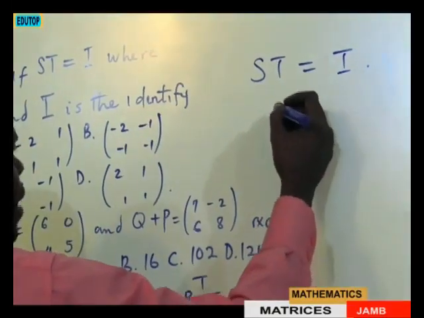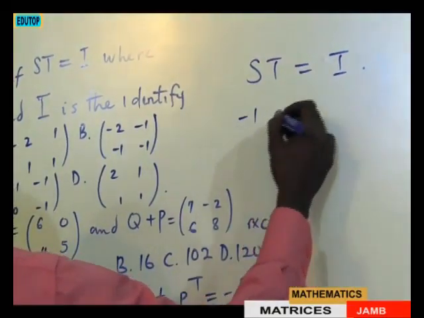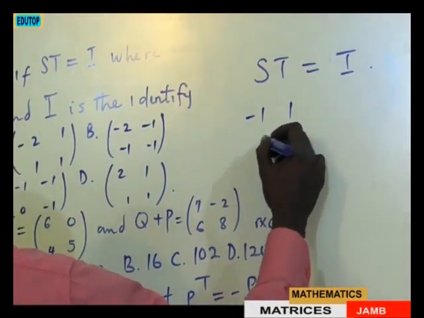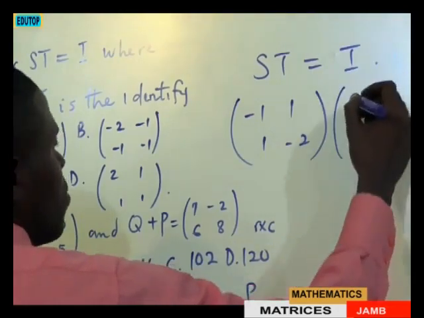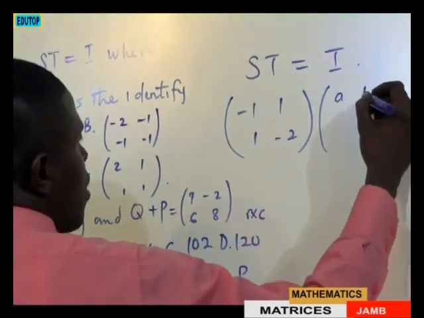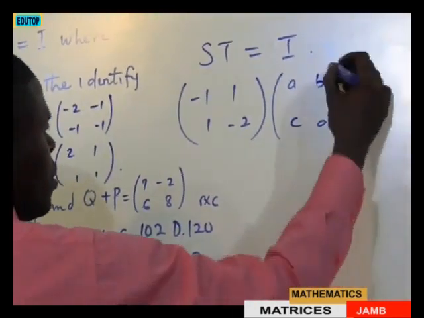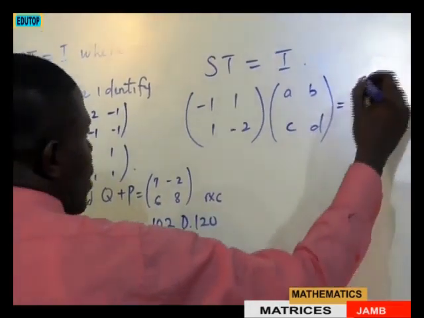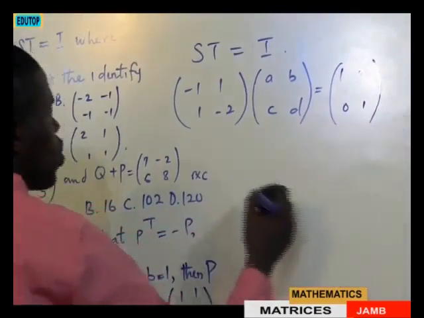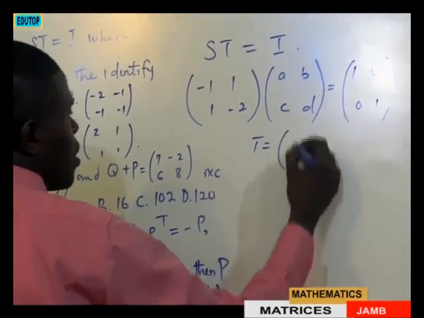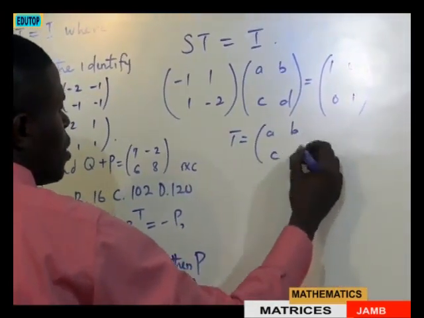Here, our S is minus 1, 1, 1, minus 2. Let our T be A, B, C, D. And our unit matrix is 1, 0, 0, 1.